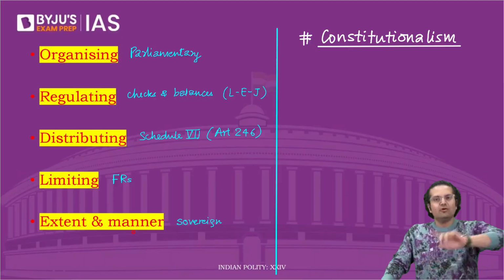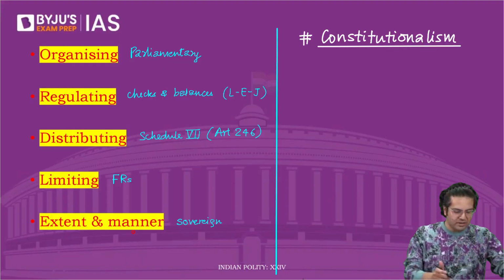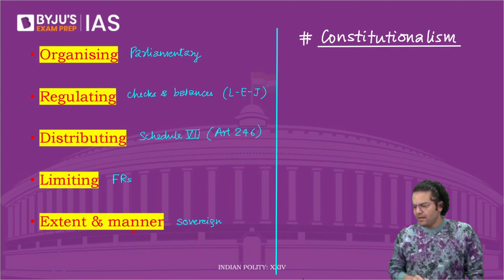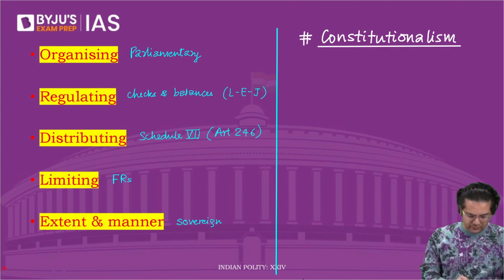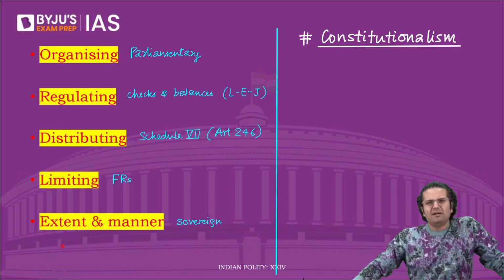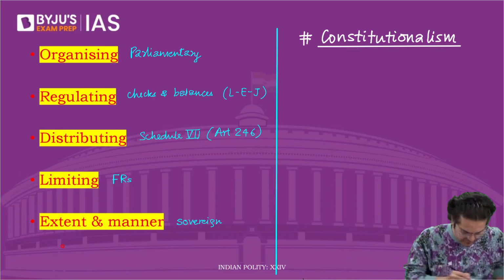And wherever you go, you're always under the control of the government of India or the Indian state. Anyway, what is constitutionalism? A very important word. To cut a long story short, it simply means limitations on the government. Simple.